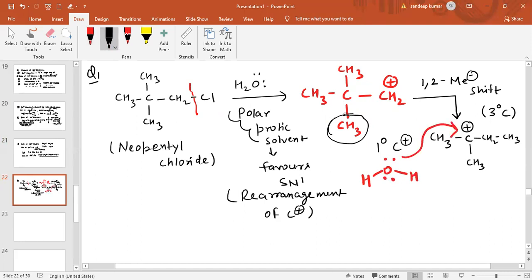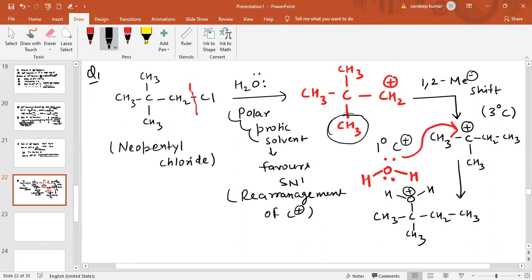When the nucleophile attacks this carbon atom, the product obtained is CH3, C, CH3, and CH2, CH3 with an oxygen bearing a positive charge after donation of its electron pair. Now, this oxonium ion is less stable.